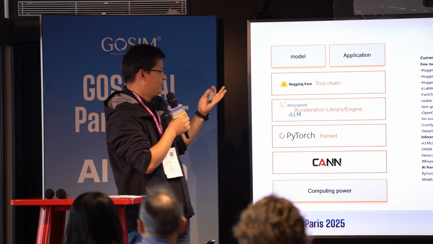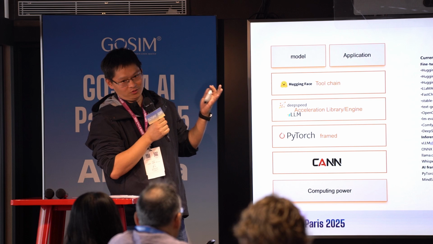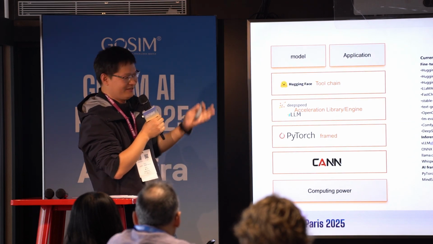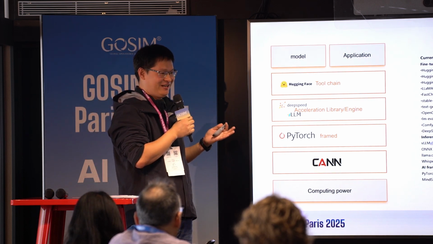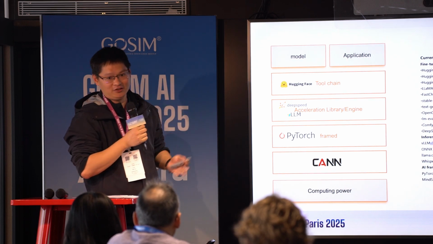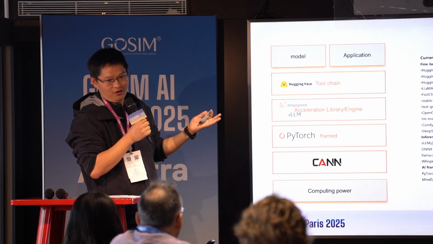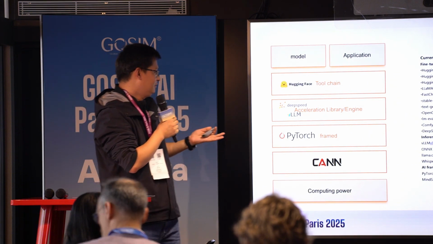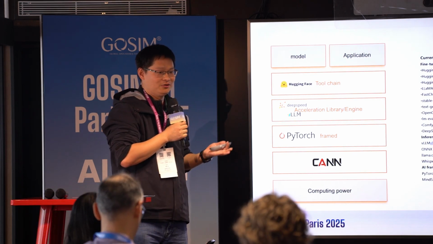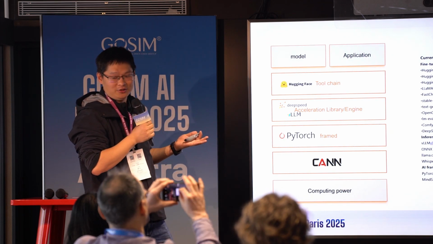You can see, for example, Hugging Face Transformers, TRL, Accelerate, and they already support Ascend, so that users can use Ascend hardware without any change on this kind of libraries or applications. Especially for the developers who build models with PyTorch or run models with vLLM, they can use Ascend directly.